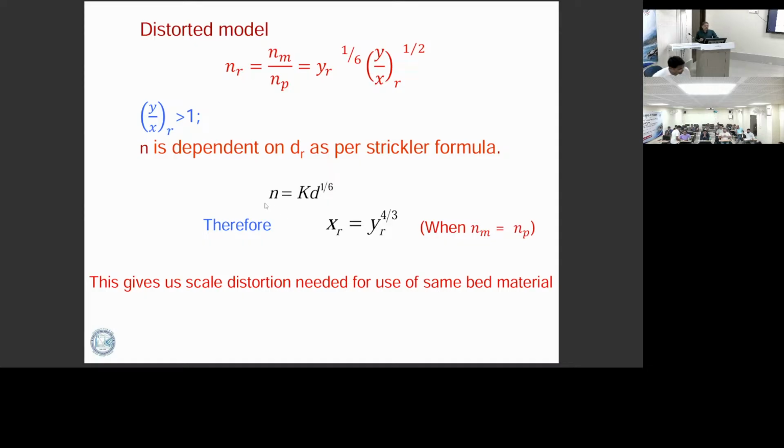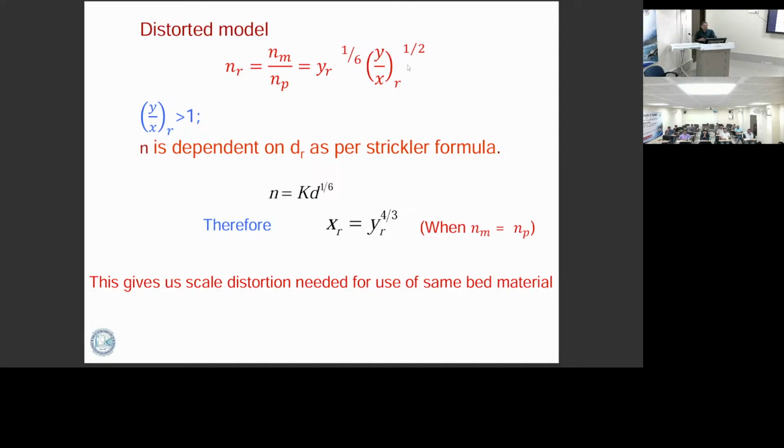So when you substitute these values, nm is equal to np, because the prototype n value, meaning roughness, should be equal to the model's. Then what happens? This gets 1. So 1 is equal to yr to the power of 1 by 6 into y by x to the power of 1 by 2.